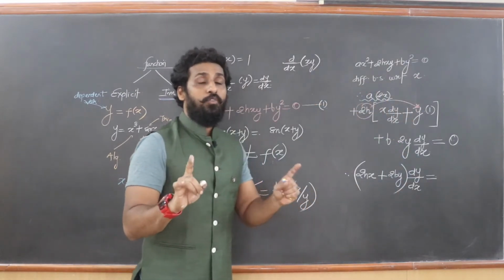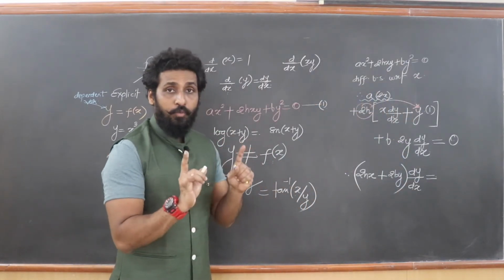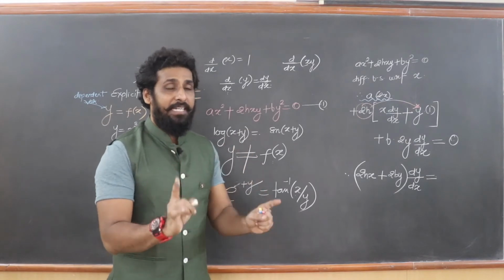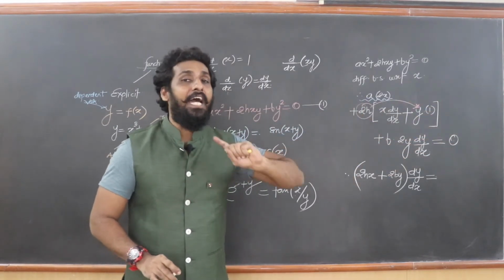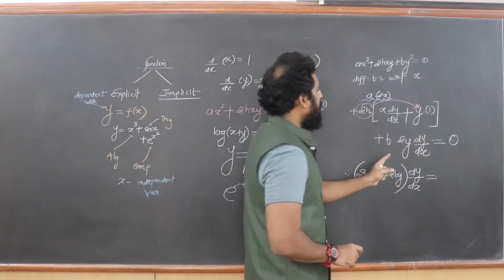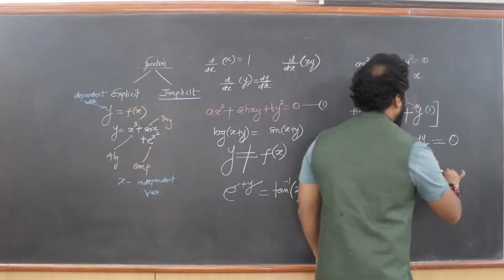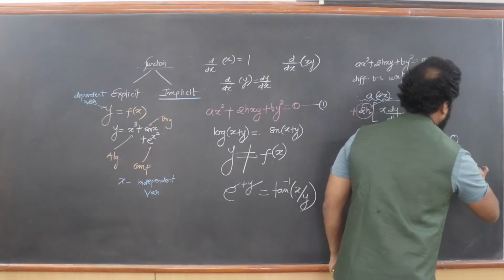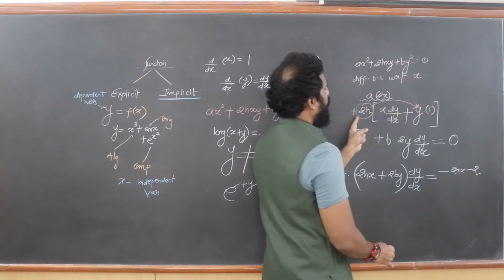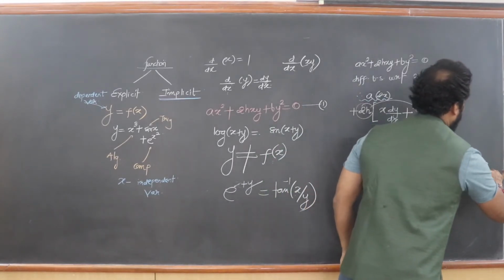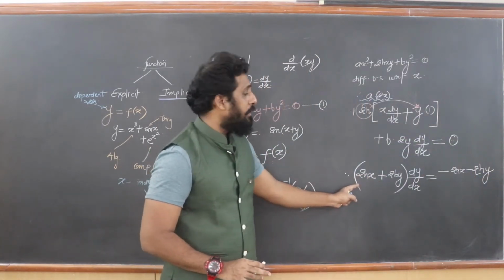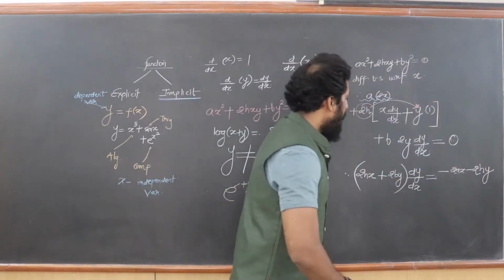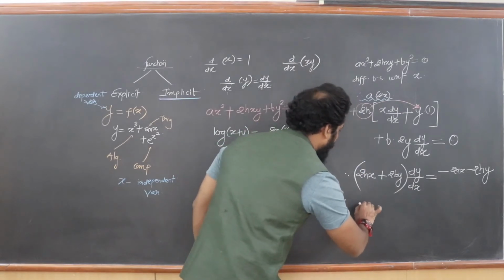Now, the two terms which did not have dy by dx will be transferred on the other hand side, and they are going to change their signs. So that becomes minus 2ax and minus 2hy. Now what you can do here is take out a 2 common from the left hand side and a minus 2 common from the right hand side. So my answer is finally going to look like this.